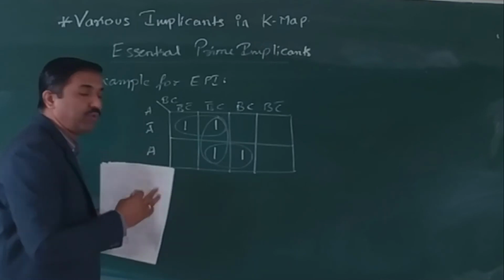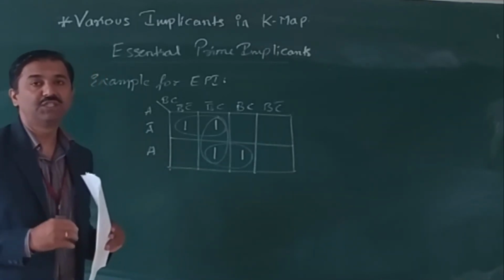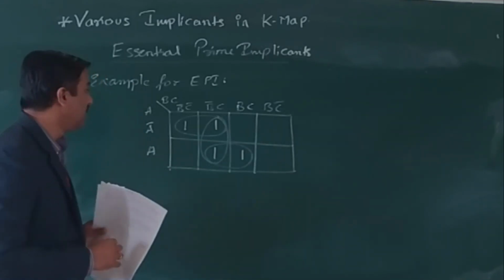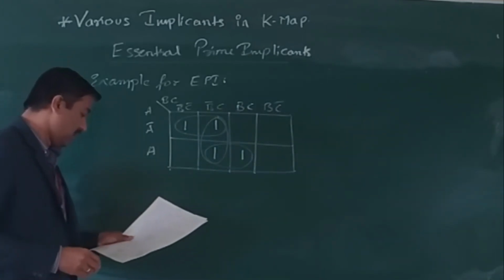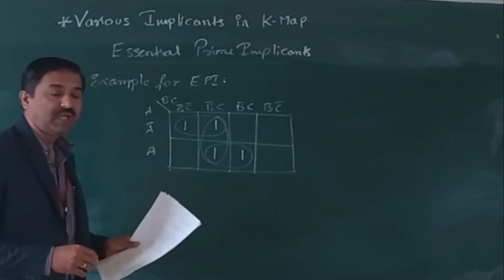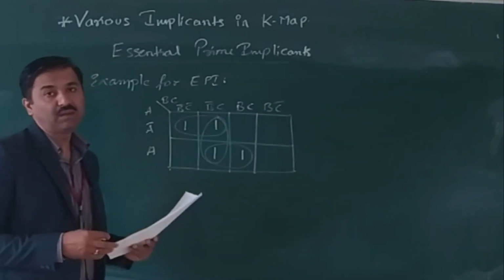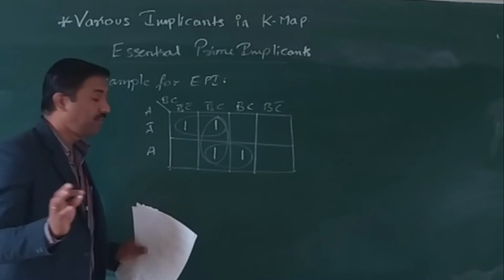Now our focus is to identify the essential prime implicant. The definition says at least one min term that cannot be covered by any other prime implicant. In total we have 3 prime implicants.